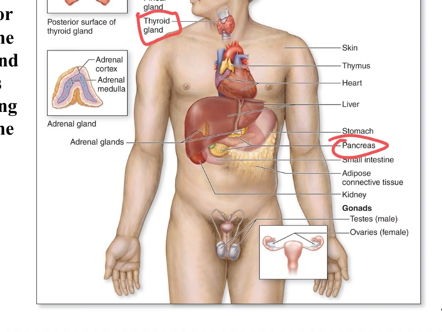Then the small intestine, adipose tissue, and the kidney all produce some type of hormone. We won't talk about those in general. We cover those when we cover the different parts within other systems.